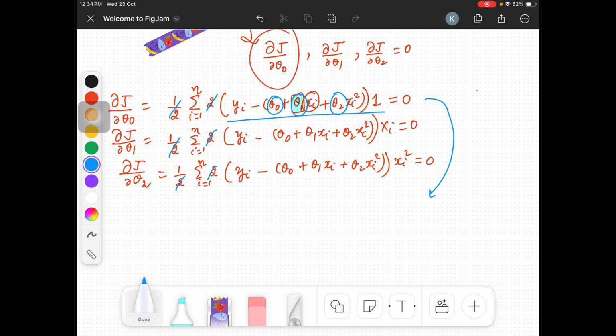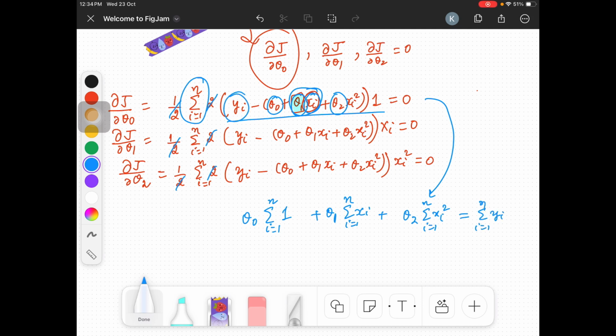If you do it here, it will be theta naught, and because this is a summation, summation i from 1 to n of 1, then for the second term theta 1 will come out, with summation of xi, i from 1 to n, and for the third term it is xi square, i from 1 to n, and this term yi will move to the right hand side, i from 1 to n. So this is what will happen to the first equation.